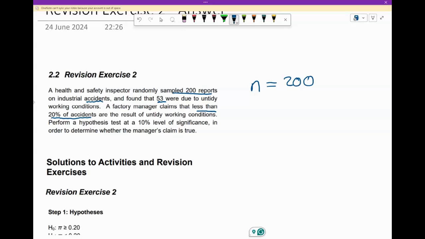Perform a hypothesis test at a 10% level of significance in order to determine whether the manager's claim is true. Okay, so from our sample, we see that x equals 53, right?